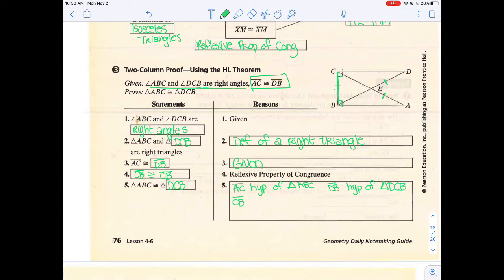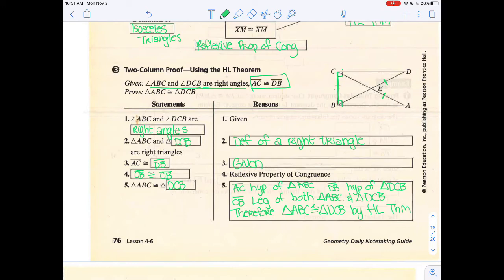And side CB is a leg of both ABC and DCB. So therefore, triangle ABC is congruent to triangle DCB by the hypotenuse leg theorem.